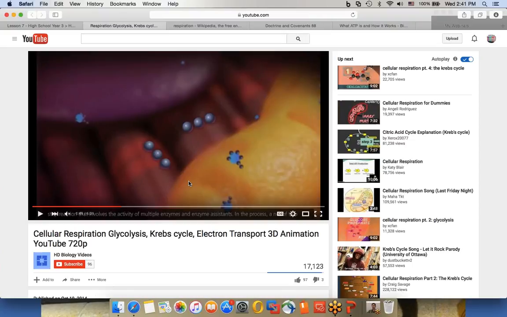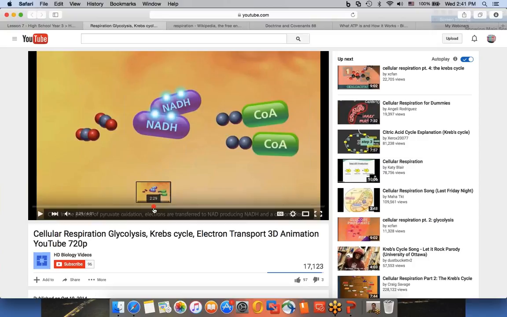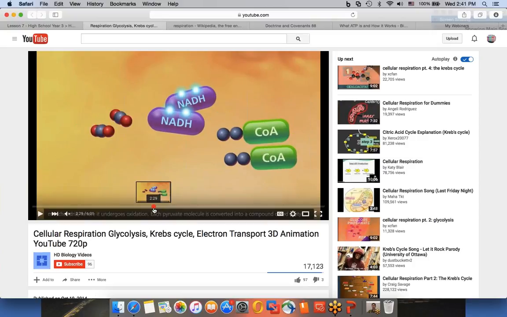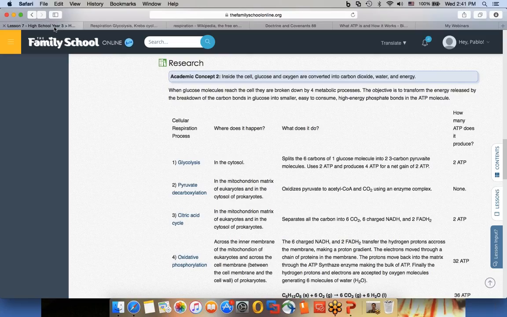There are 2 different places. In a eukaryote cell or in animal cells, this happens in the mitochondria, but in prokaryotes, it still happens in the cytosol. Because remember that the prokaryotes are really small.